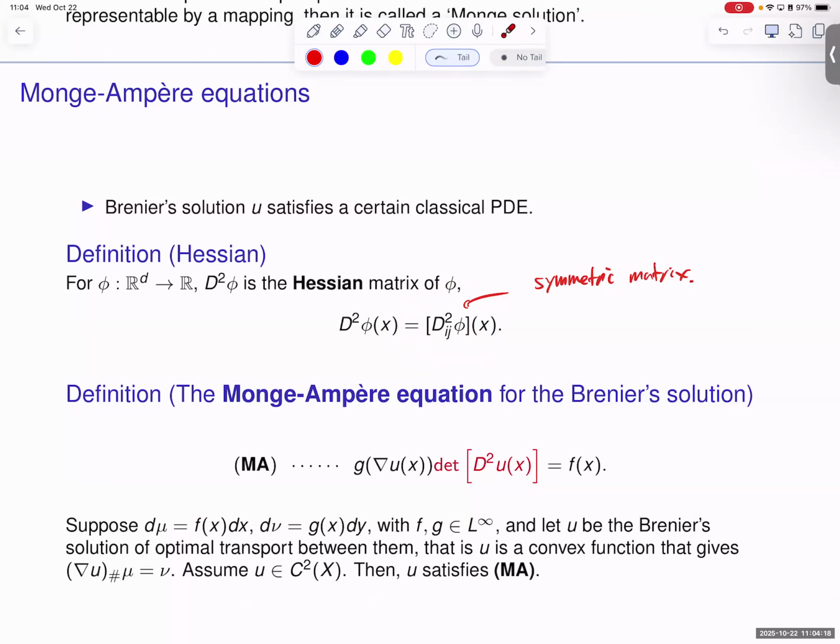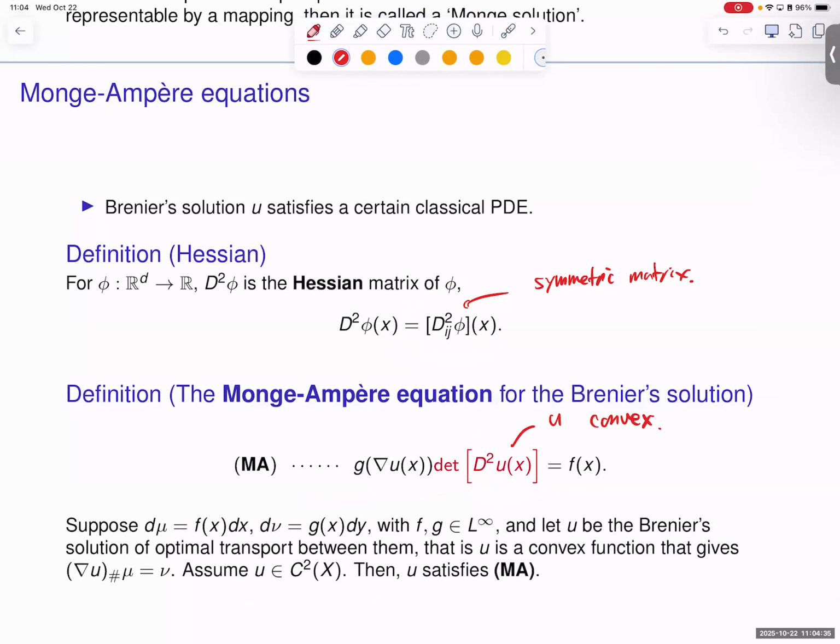Now what is the equation? You consider the Hessian of a function u, where u is a convex function.